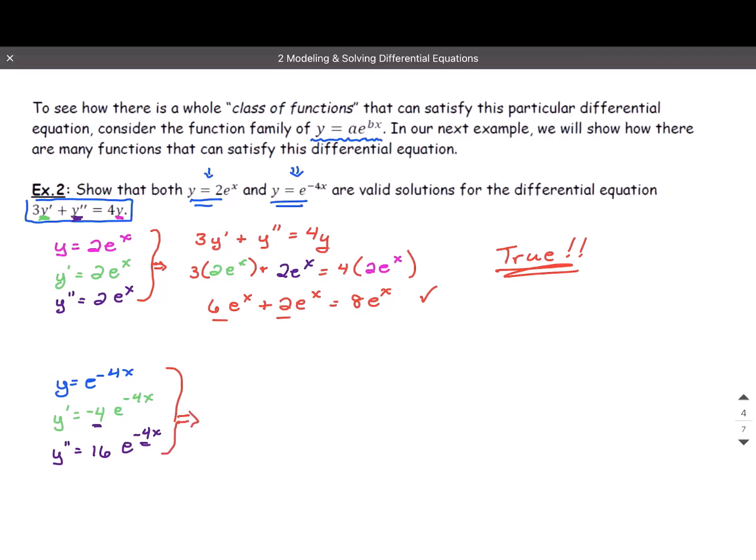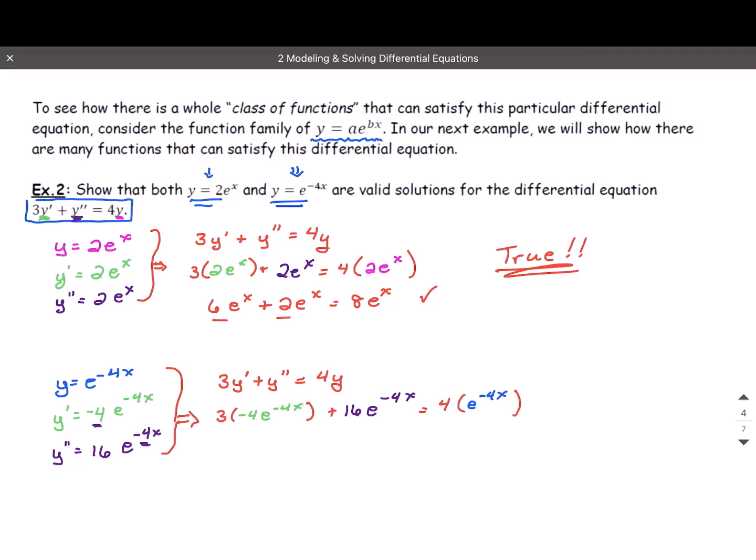Now we have our function and our first two derivatives. So we're going to write our differential equation, 3y prime plus y double prime equals 4y. We're going to make our substitutions. 3 times y prime is negative 4 e to the negative 4x, close it, plus y double prime is 16 e to the negative 4x equals 4 times y is e to the negative 4x.